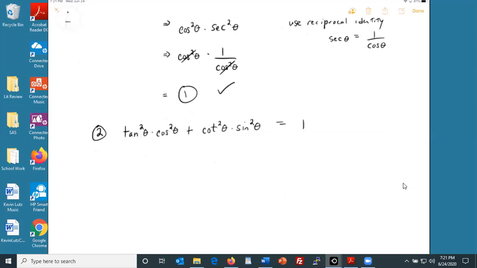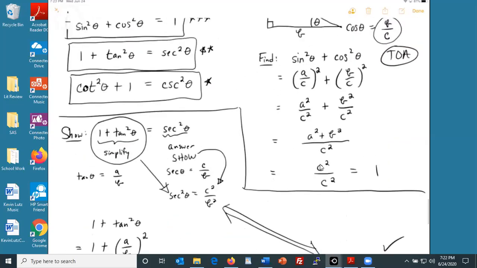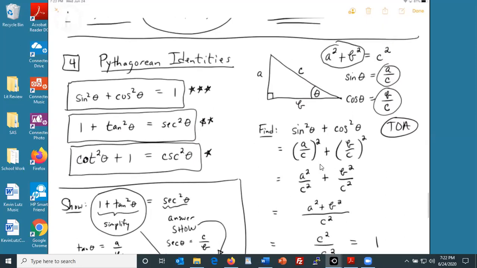All right, maybe this one is not so obvious as to how you start it, because we've got to take that big left side with the tangent, cosine, cotangent, and sine squared, and simplify it so that it equals 1. If you first look at the left side and compare it to these 3 identities, nothing stands out as matching them.